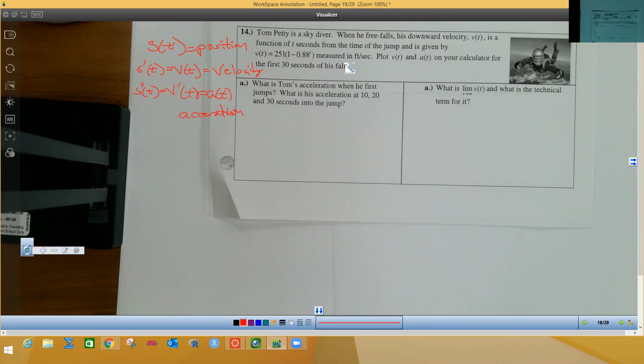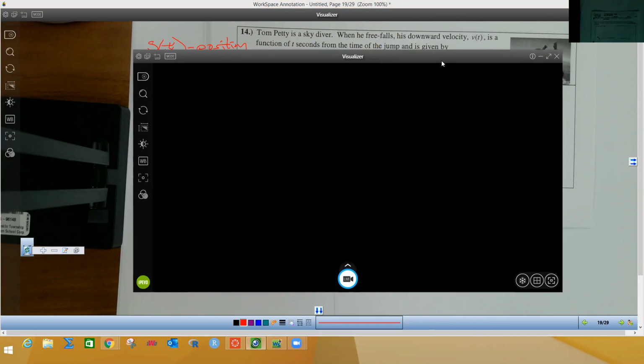So we're supposed to plot these on our calculator. So I'm going to put v of t in for Y1, and hopefully, I don't know if this thing's working. That is not showing anything. Let's see if I turn my camera on here if it'll work. It's not showing anything. Anybody know anything about these? Broadcast RTM address is not setting. What does that mean?